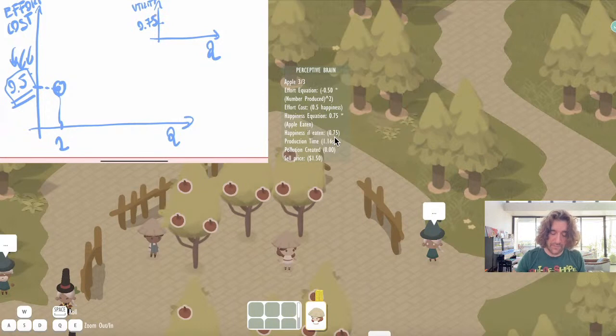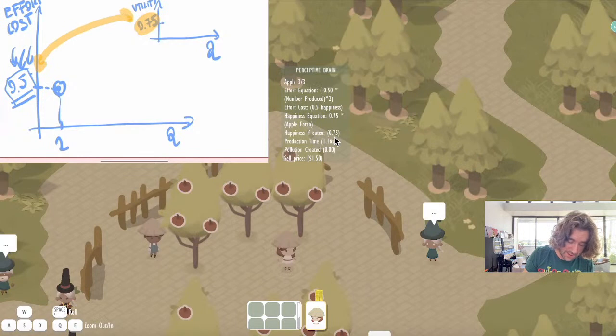The cost-benefit principle asks you to compare the happiness that you derive, so the benefit that you derive from consuming the first apple, which is equal to 0.75, compare this with the cost, which is the marginal cost, in this case, 0.5. Remember, when you identify the cost, you need to be really careful to understand the model in front of you.